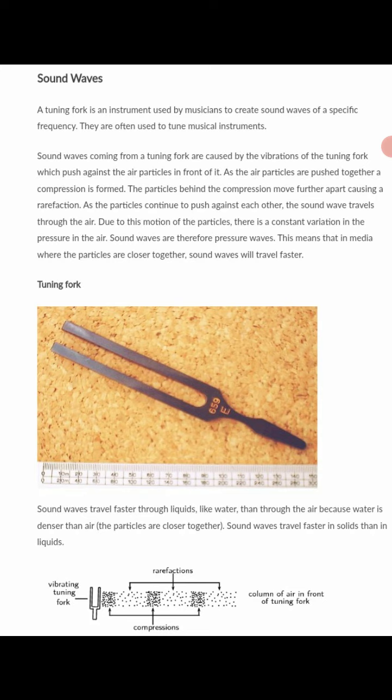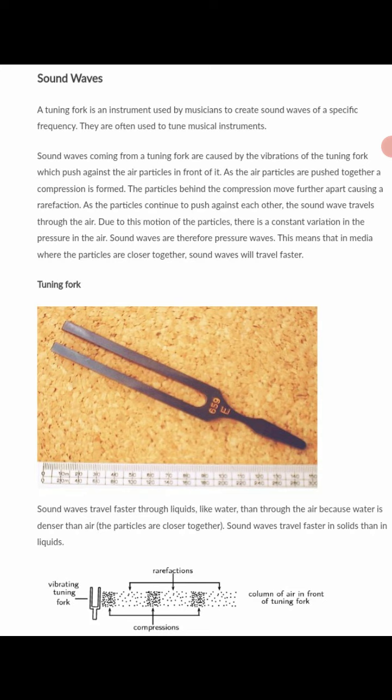Due to this motion of the particles, there is a constant variation in the pressure in the air. So sound waves are therefore called pressure waves. Take note, they may ask you what is another name for sound waves, or what sound waves can also be called. They can also be called pressure waves. It means that in a medium where the particles are closer together, sound waves will travel faster.